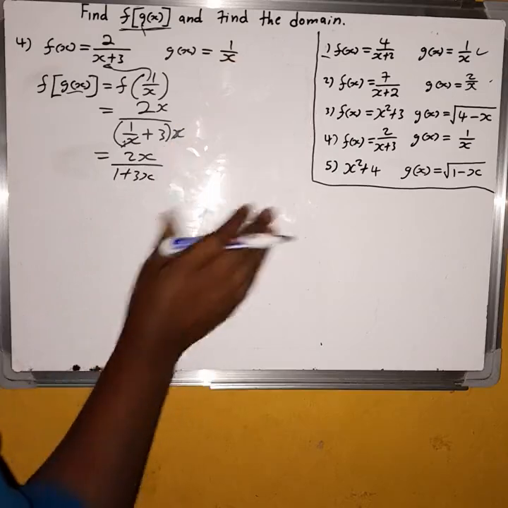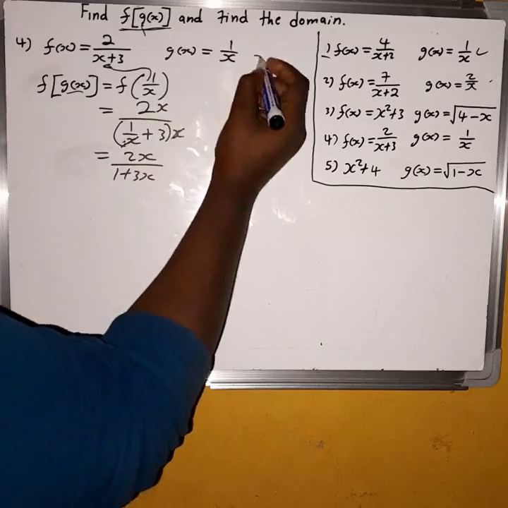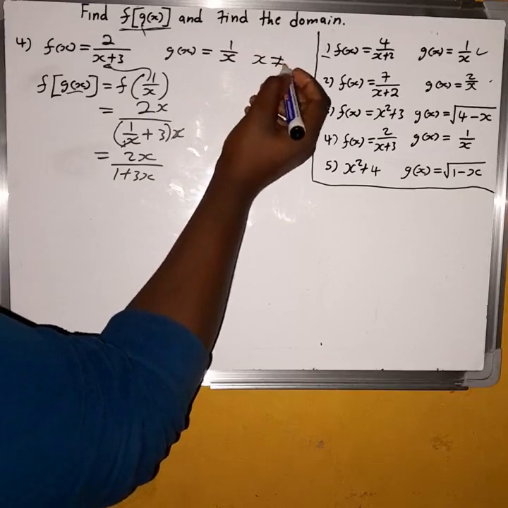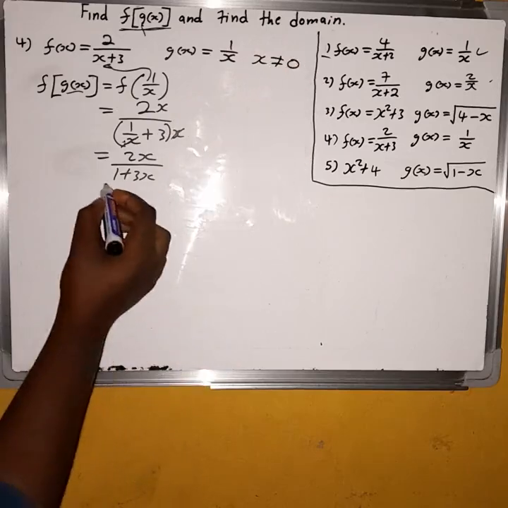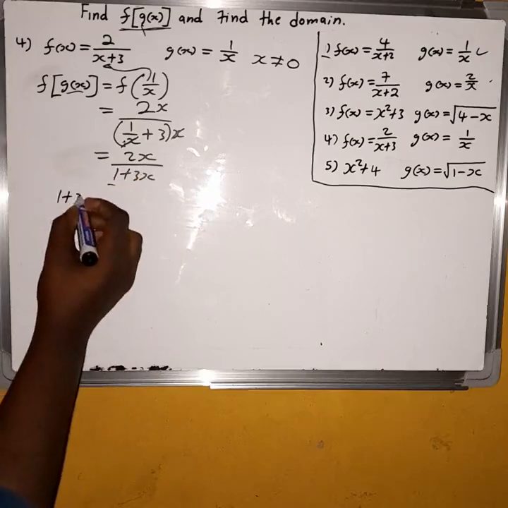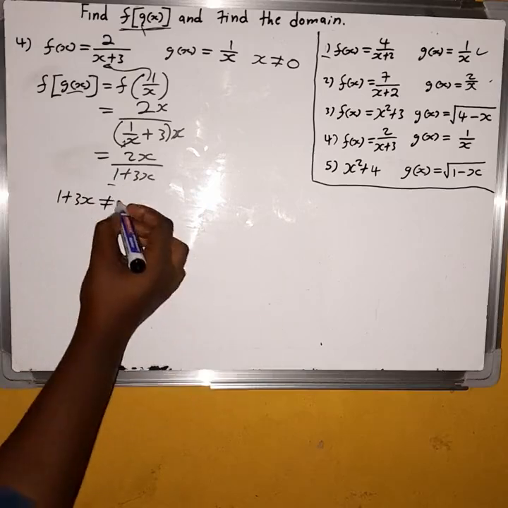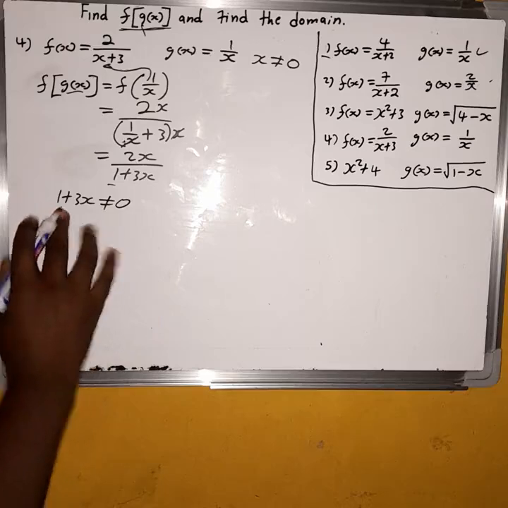Now let us find our restrictions. We know x is restricted not to be equal to 0. Here we take what is in the denominator, 1 plus 3x. Since it's a fraction, it must not be equal to 0.